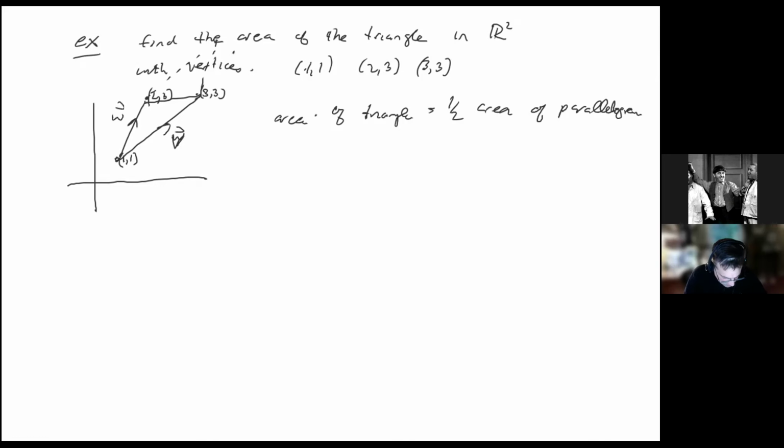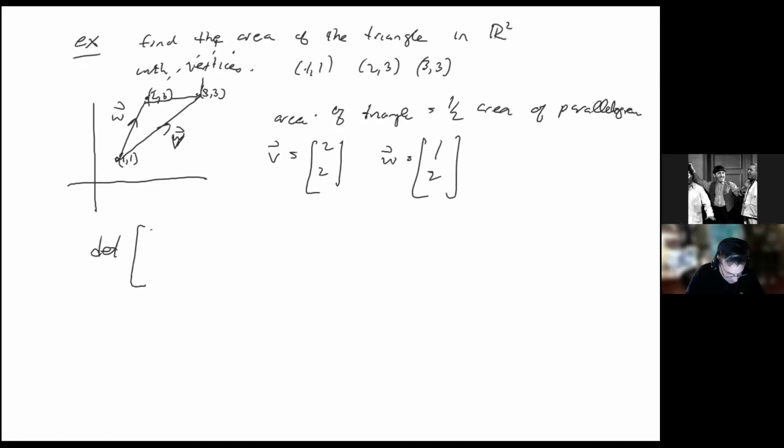So what is v? v is the vector pointing from (1, 1) to (3, 3), so that's the vector (2, 2), and w is the vector pointing from (1, 1) to (2, 3), which is 2 minus 1 is 1, and then 3 minus 1 is 2. So we need to compute the area of the parallelogram determined by those vectors. So we compute the determinant and take the absolute value. The determinant of (2, 2), (1, 2) is 4 minus 2, which is 2, which is already positive.